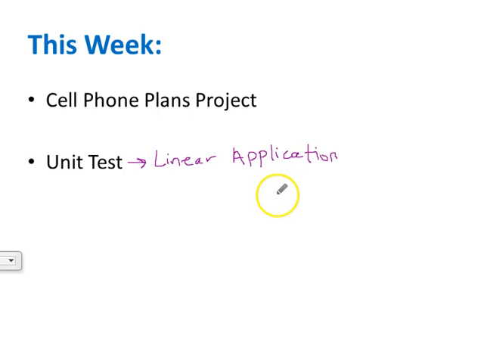And then we looked at how we can also graph inequalities and how we can determine if a point is included in an inequality. So we're going to wrap up the unit. There's a cell phone plans where you are going to look at a real world application, a mini project if you will, and then you're going to review and take the unit test. And that's it for this week.